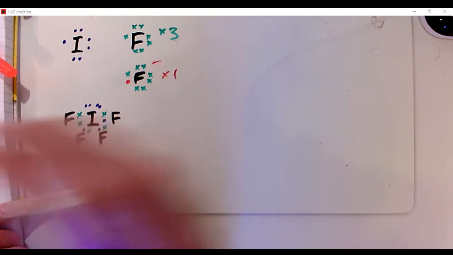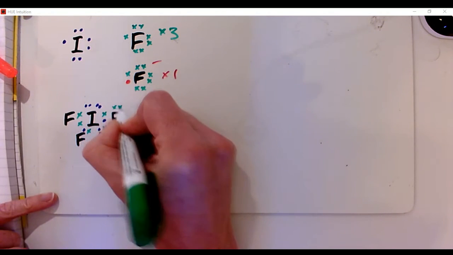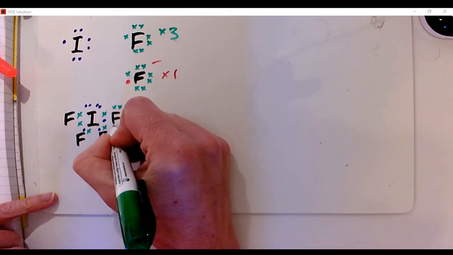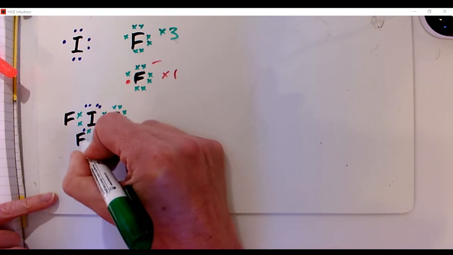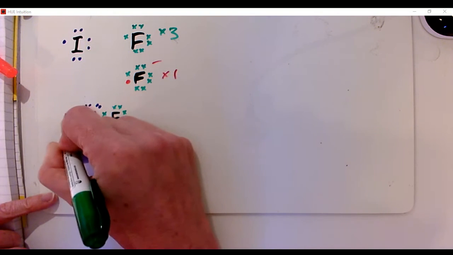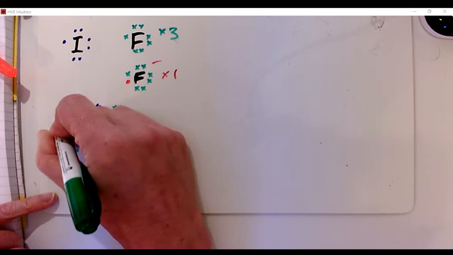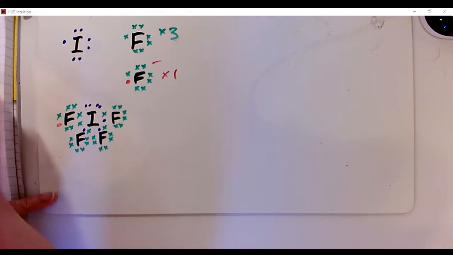And then we've got, let's put in the fluorine atom electrons. And then here's its extra electron.